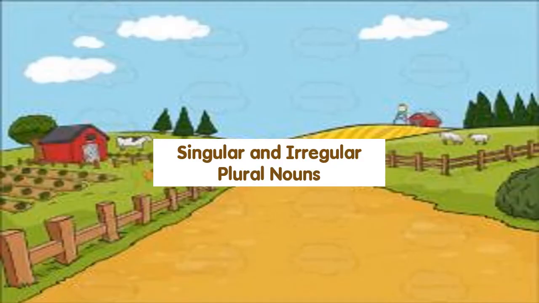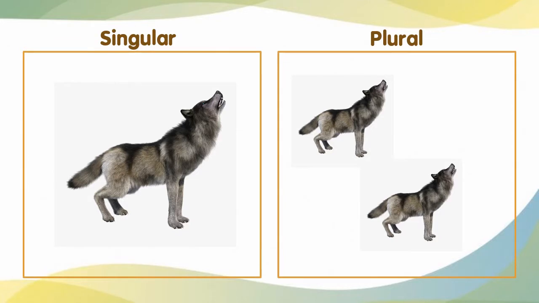Now, let's look at the singular and irregular plural nouns. Nouns ending in F. Wolf, wolves.